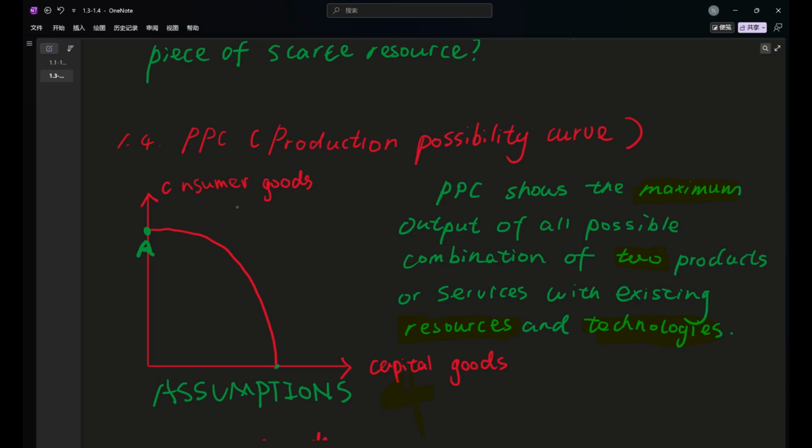And it is opposite in point B. You use all the resources to produce capital goods, but zero consumer goods. So normally it's something like C. In C, we know that you produce both consumer goods and capital goods.